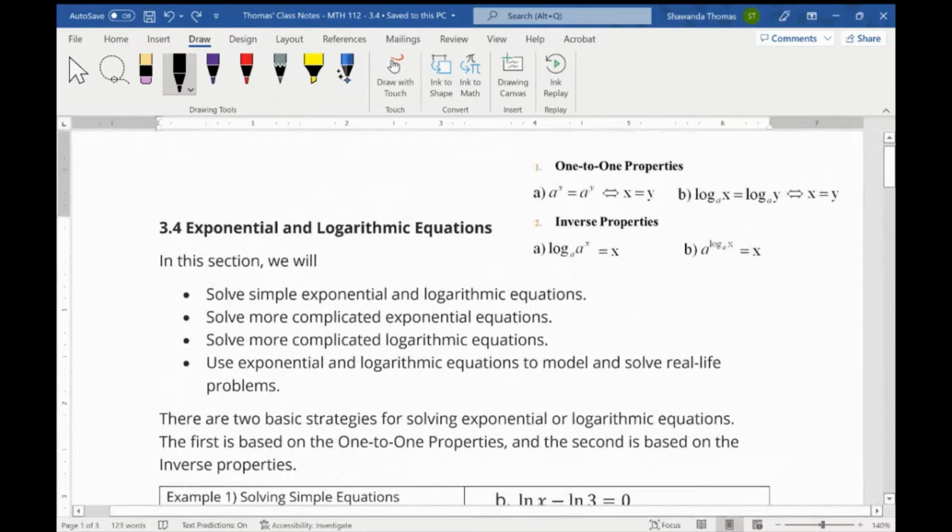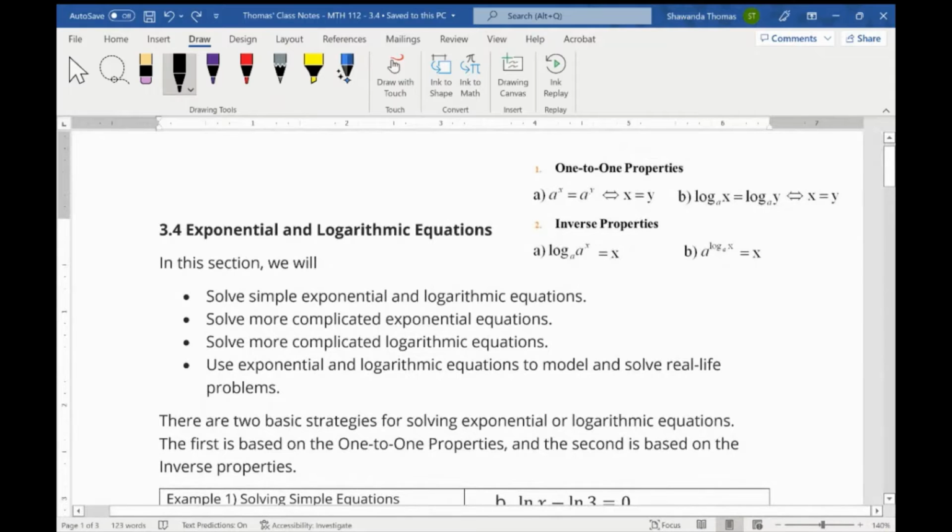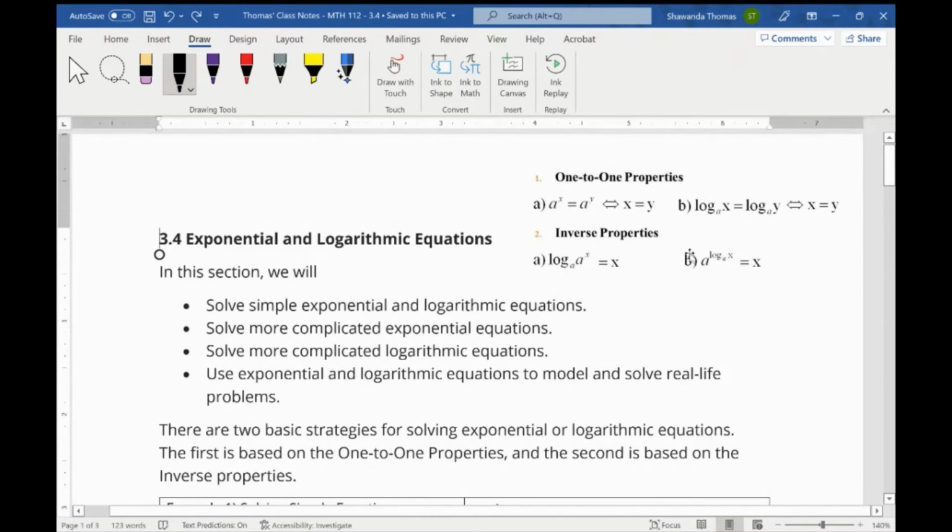Now the second basic strategy for solving exponential or logarithmic equations is using the inverse property. So here we have log base a of a to the x equals x. The way I look at it is, if those two a's are the same in those positions, you can cancel them out and your answer is just x.